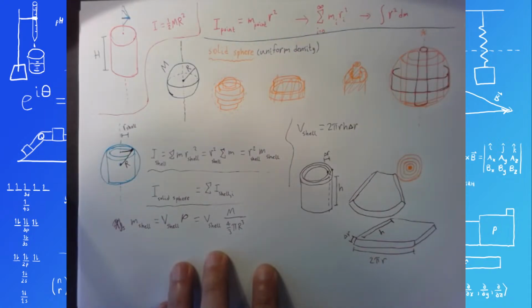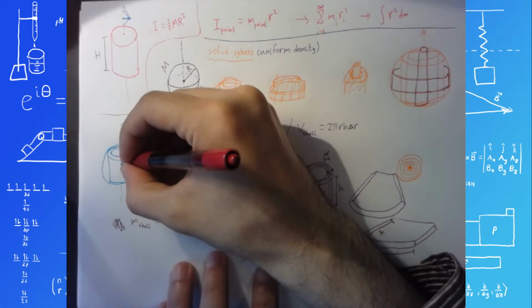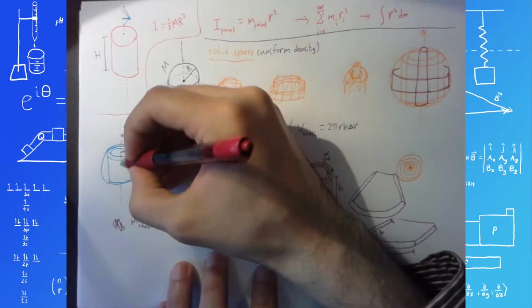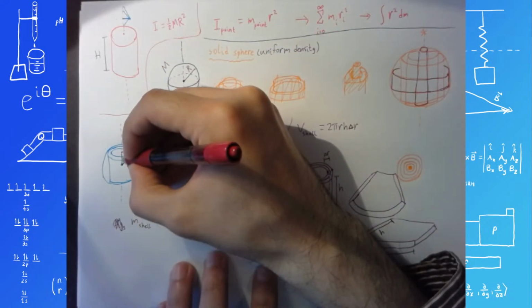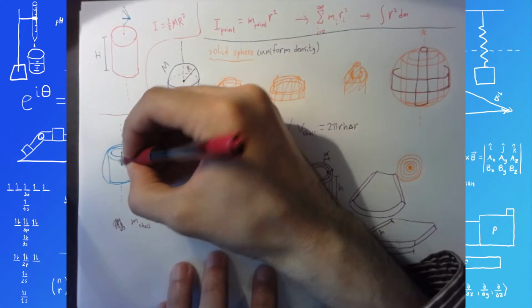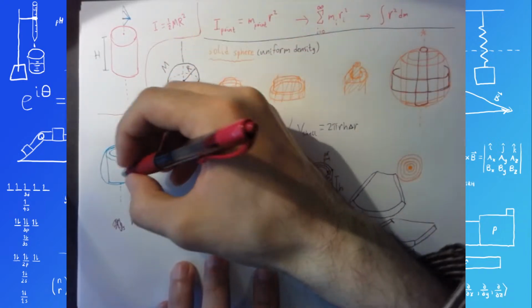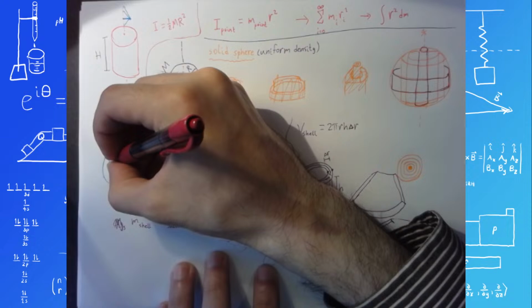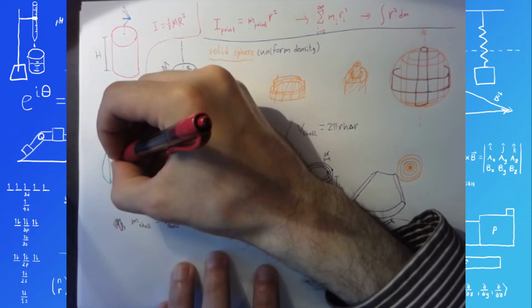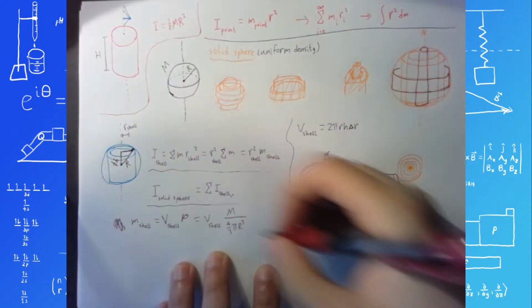Okay, and I can now draw a right triangle over here. The height of this right triangle is going to be half the height of the cylindrical shell, so I guess we can call it 1/2 of little h.